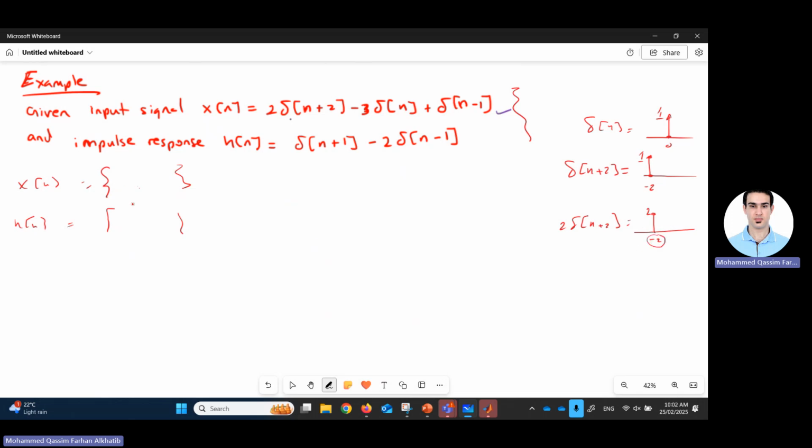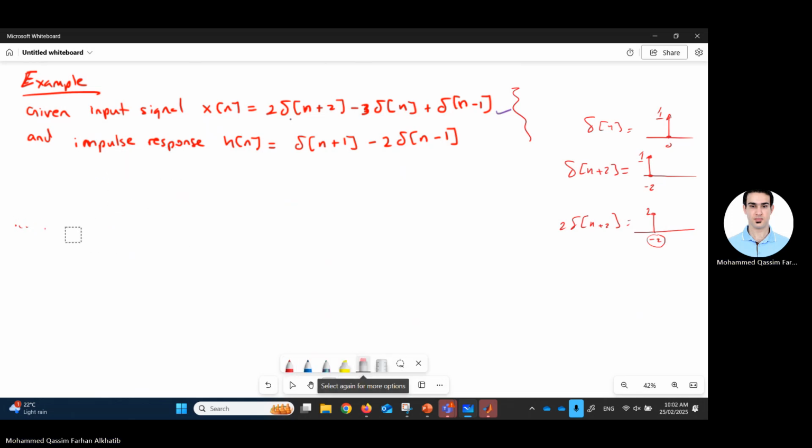So x of n, I'm going to clean it a little bit. I have 2, but this is at index -2. What about index -1? Is there any value there? Here, -3 delta of n. So this is delta of n times -3. So I'll have it like this, -3.